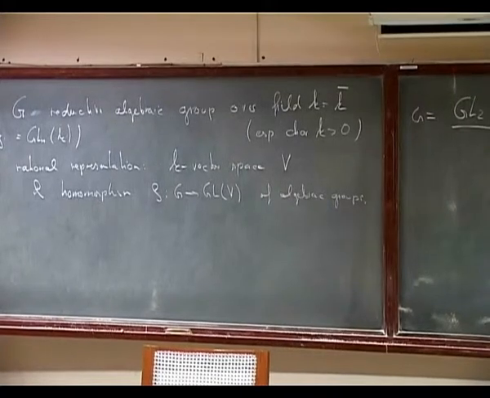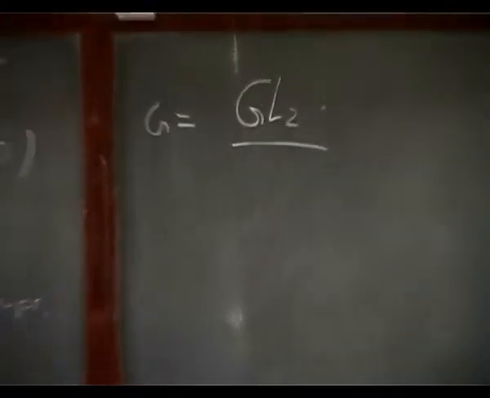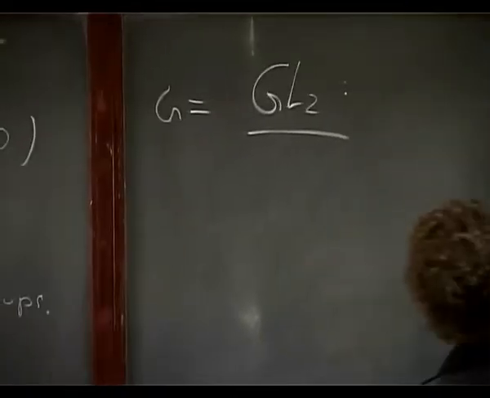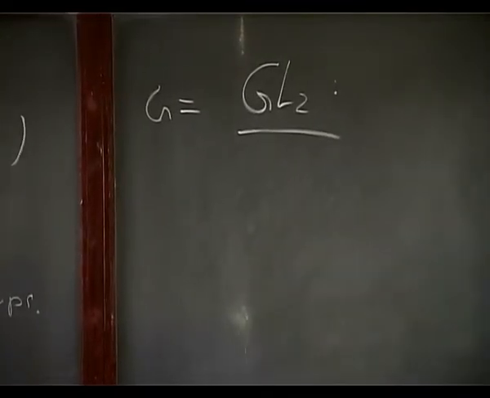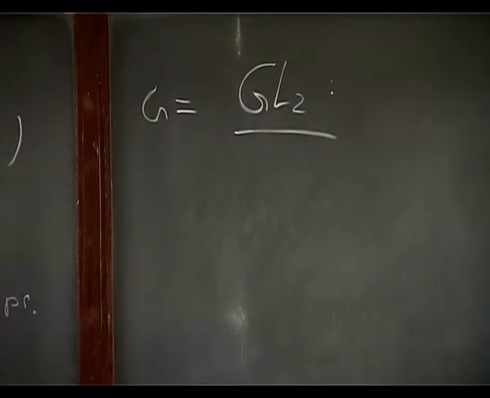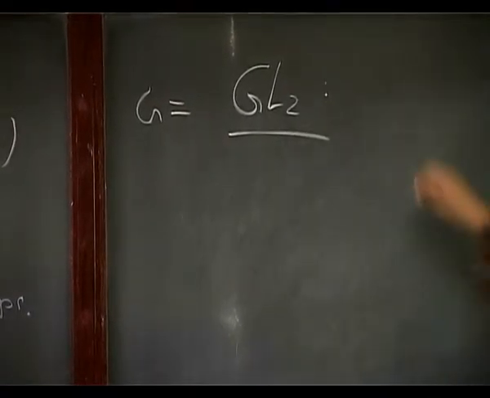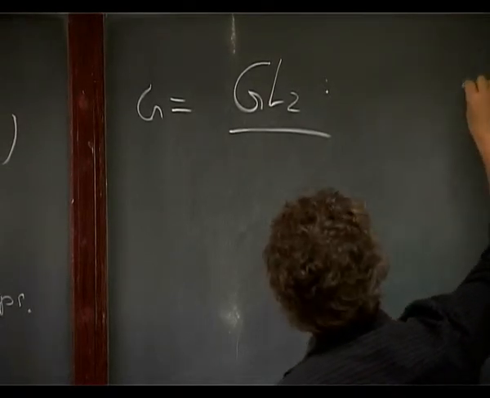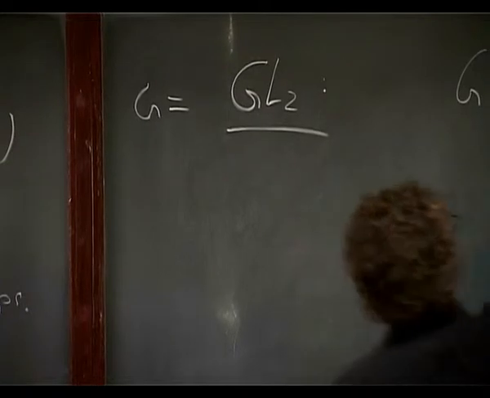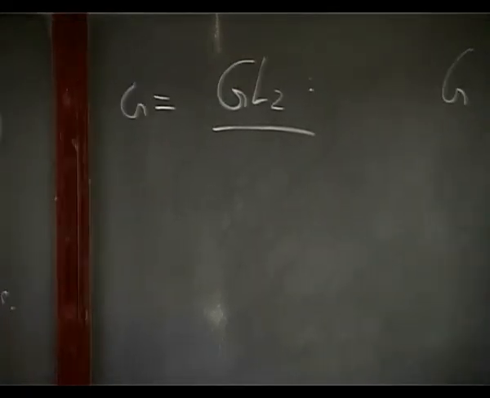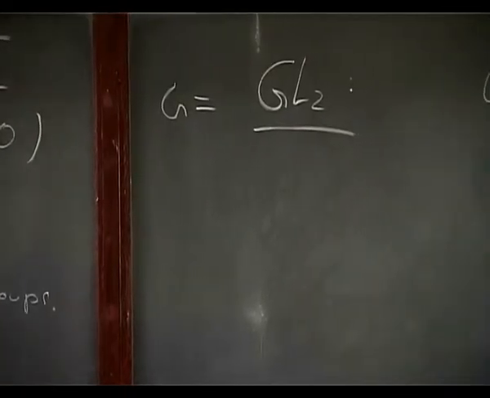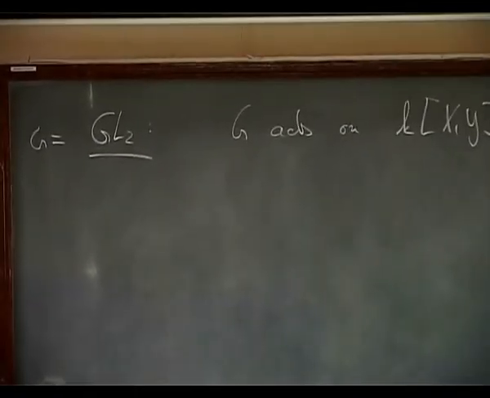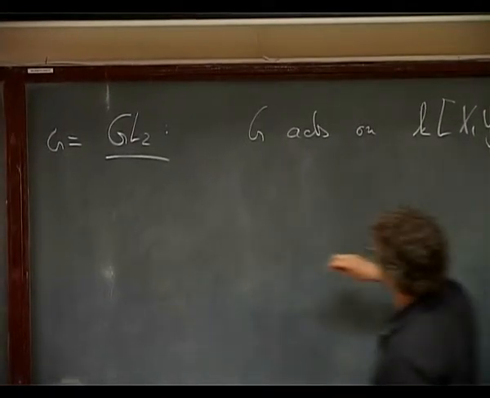You can take tensor products of this two-dimensional representation to create a lot of other representations. And in this case, if you look at the tensor algebra of this space, you end up with representations on the ring of two variables, K[x,y], and it acts as follows.